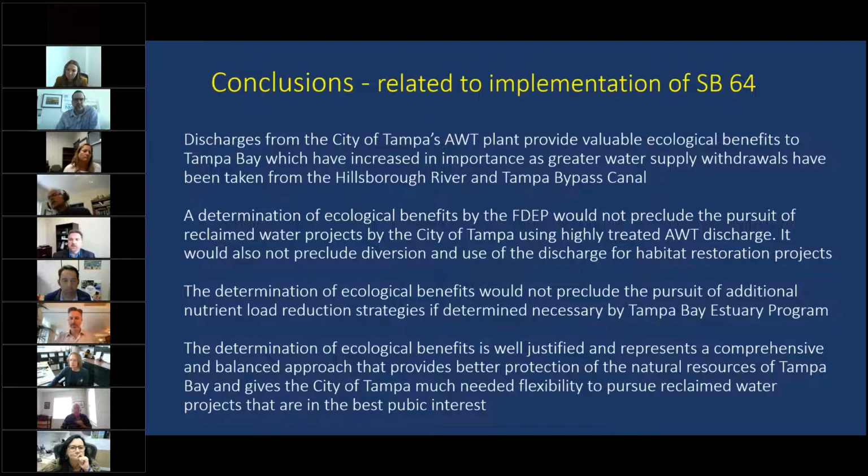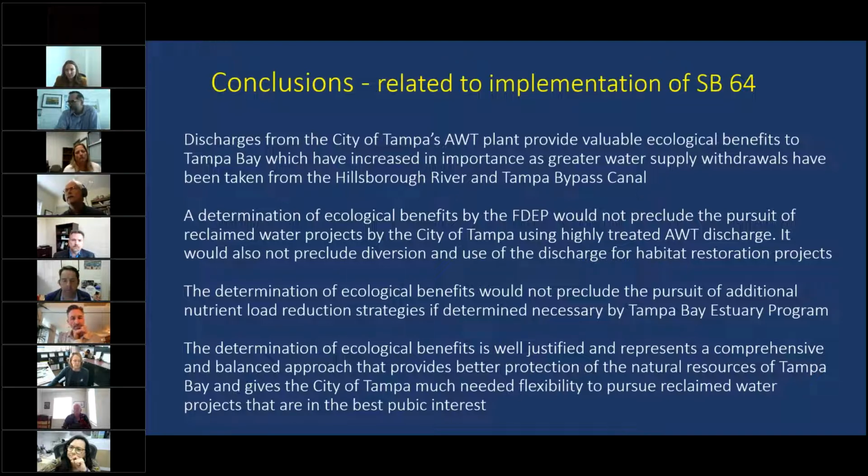Even just selling the water to another user in the watershed who can offset the demands on the river and the aquifer would be another way to accomplish that same thing. And of course, selling the reclaimed water to, say, Hillsborough County, they have a better opportunity to put in purple pipe systems at a cheaper cost in the area that they have. So that would be one way to approach that, yeah.